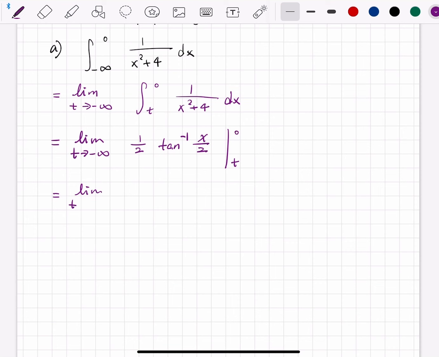Evaluating, we're still not touching the limit portion. We get 1/2 of tangent inverse of 0 minus tangent inverse of t over 2.